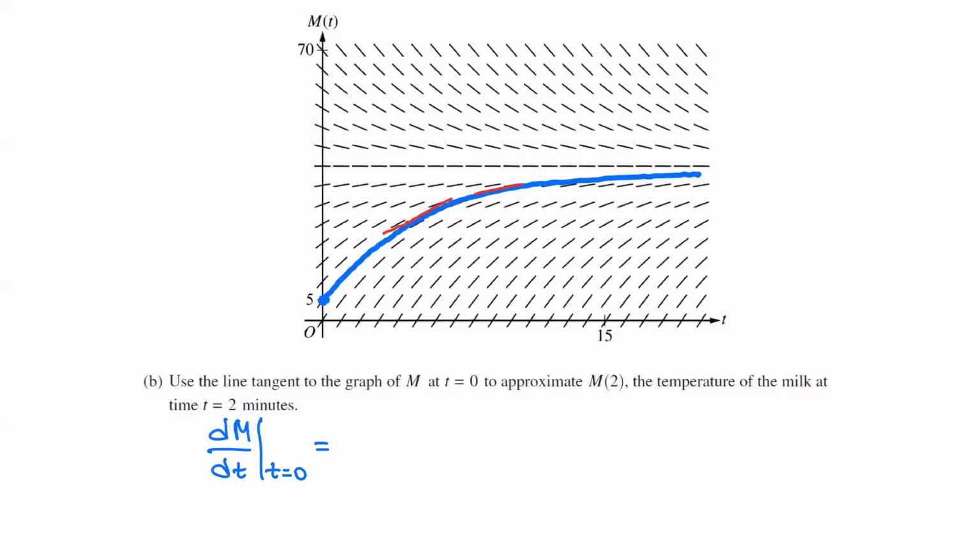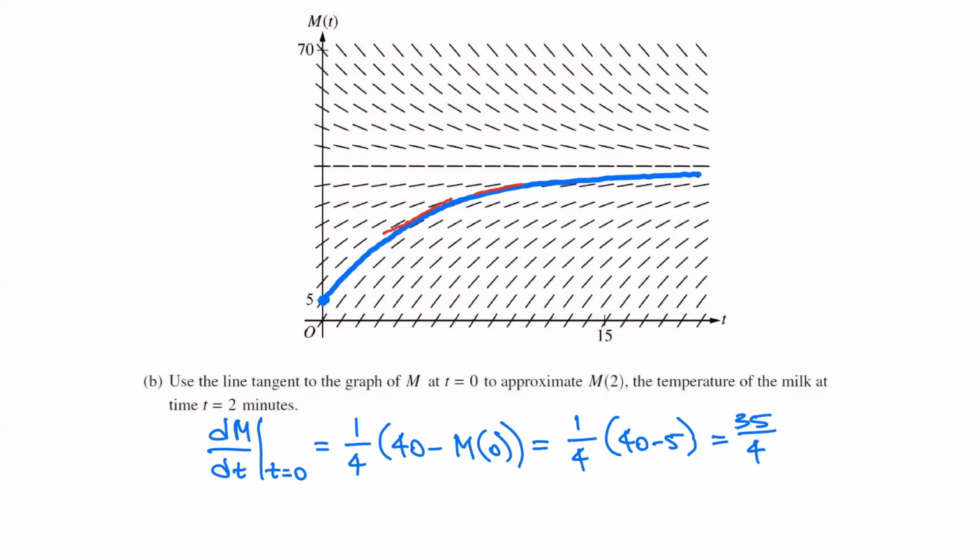We just plug m of 0, which is 5, into the equation 1/4 (40 - m), which gives 1/4 (40 - 5) = 35/4.